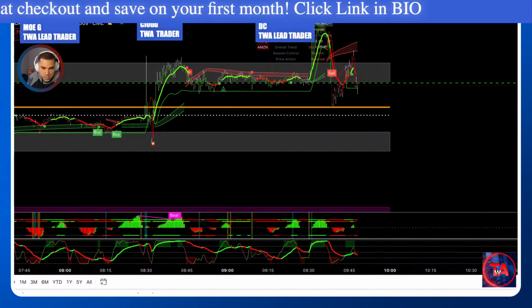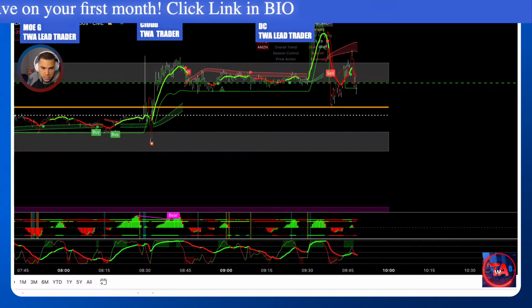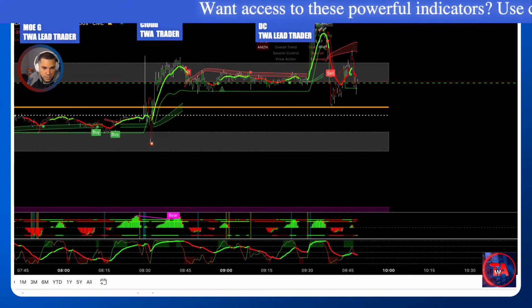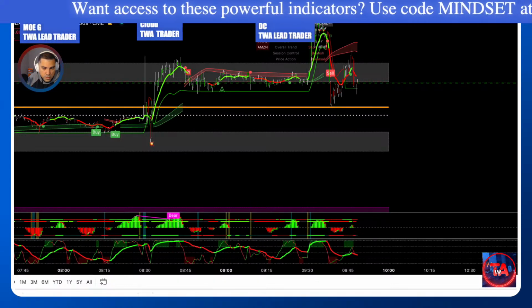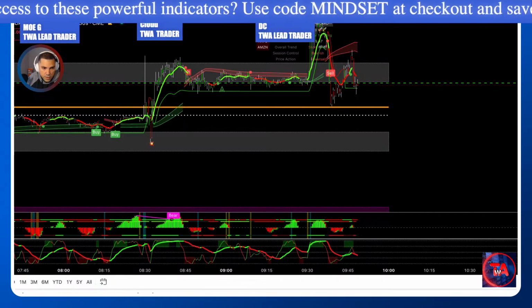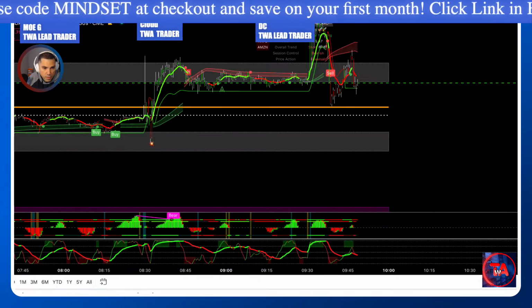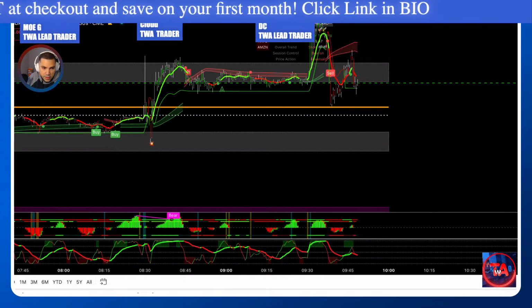I'll wait. I don't like the way the evidence lines are playing right here. I don't like the way that price has been hugging VWAP either. Okay. Let's see.